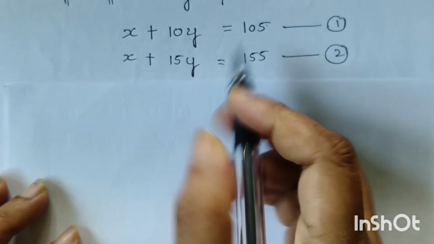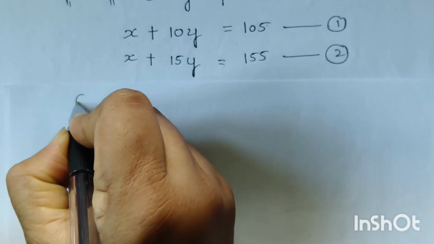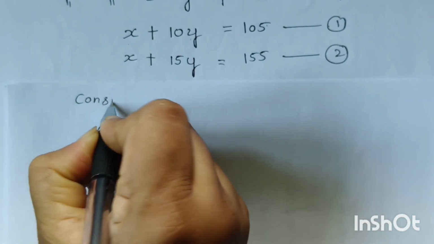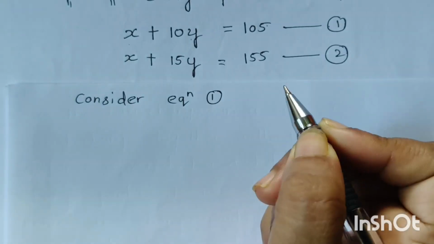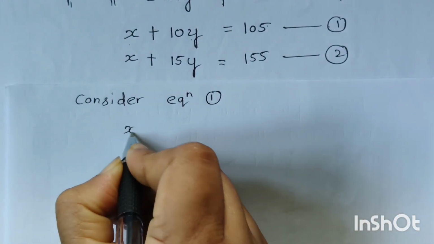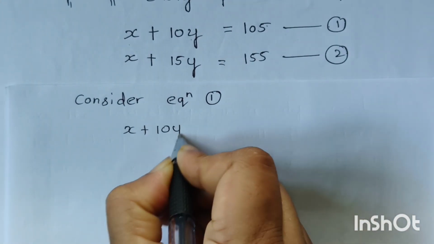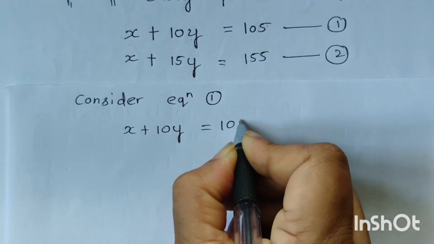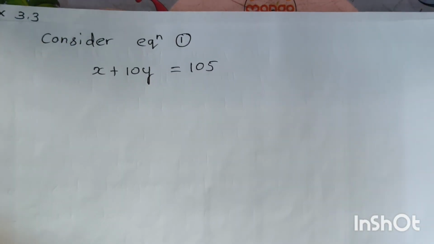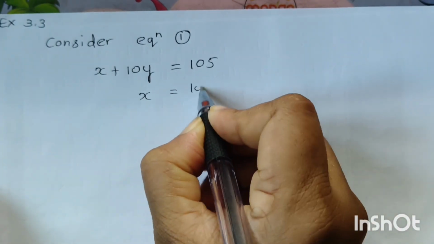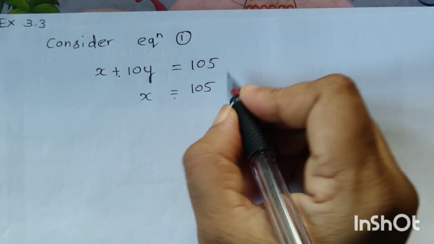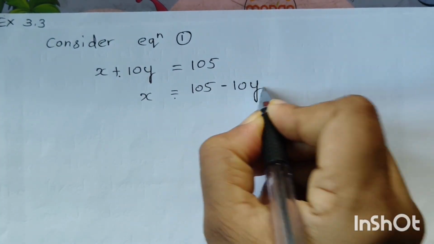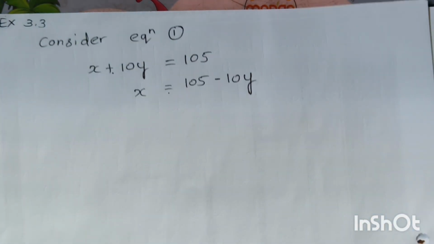Now consider equation 1, that is x plus 10y is equal to 105. x is equal to 105 plus 10y. When it crosses the equal to sign, it will become minus 10y. 10 into y.